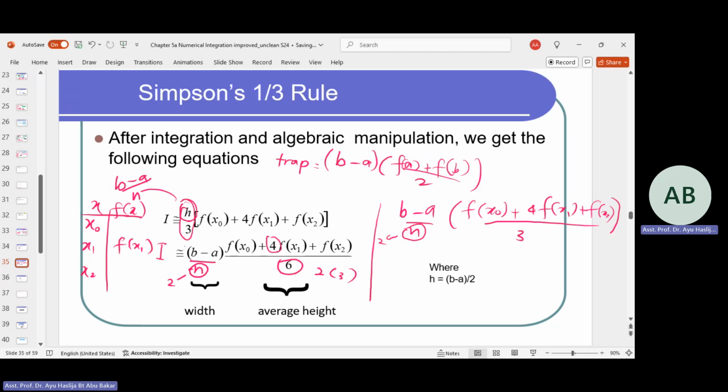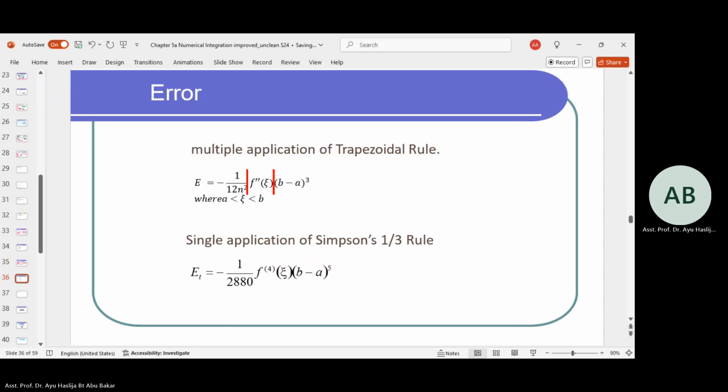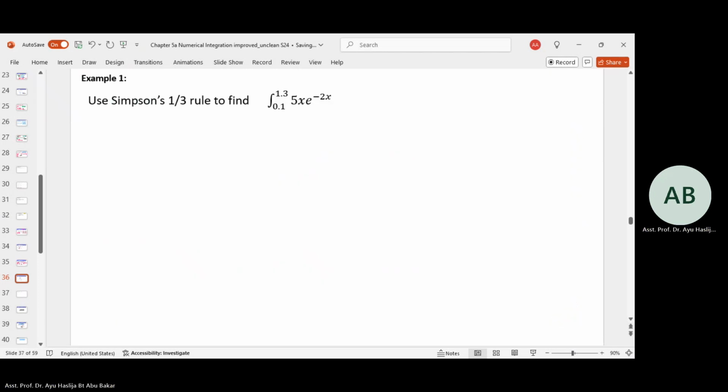That's why it becomes this equation, where we divide by 6. Now the error, we just fix to the true error that you always use.